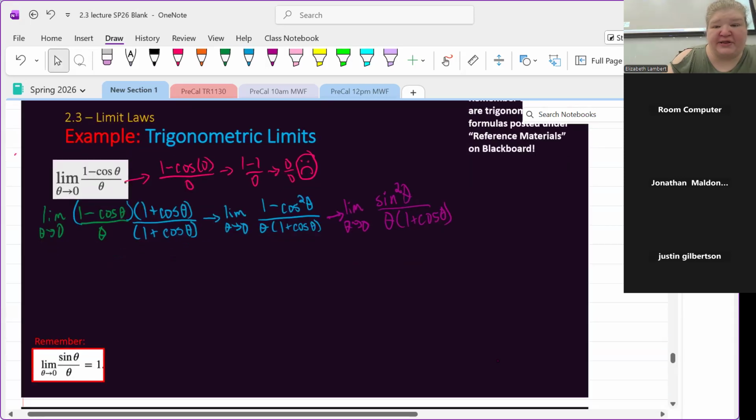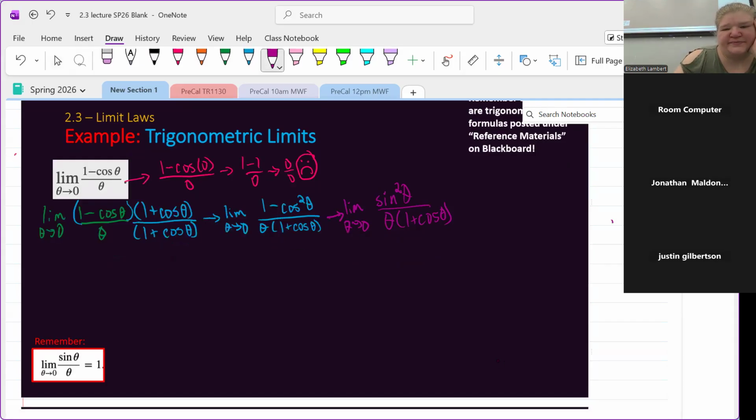Now remember, the bottom is having a little more impact. So I'm going to take my sine squared theta and split it into sine theta times sine theta.